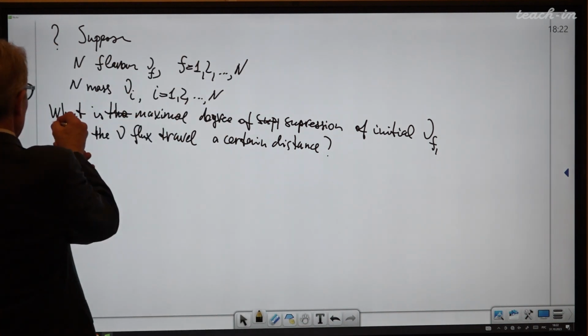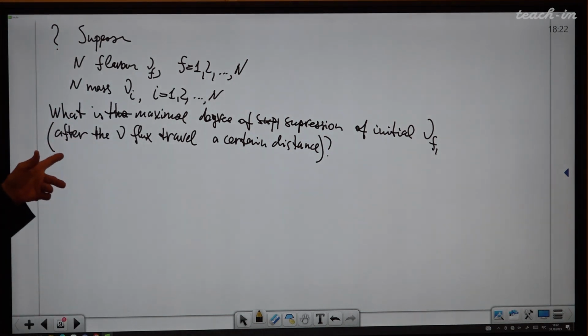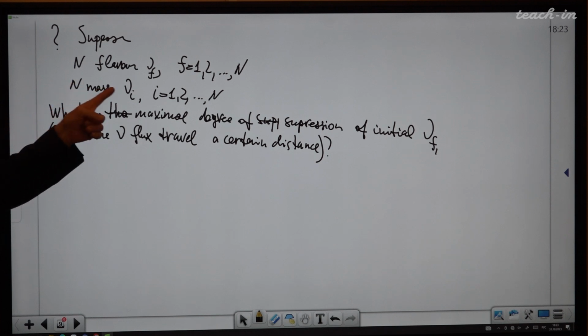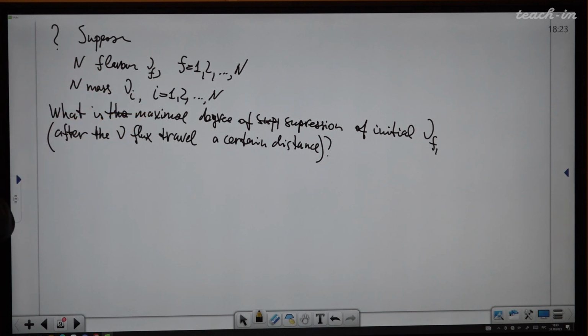Or this can be put in brackets, because in fact the question doesn't depend on the distance. It can be formulated in a shorter way. What is the maximal degree of suppression of the particular flavor neutrinos if you have n flavor neutrinos, n mass state neutrinos, and arbitrary mixing?